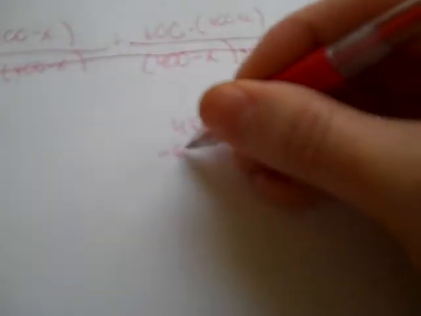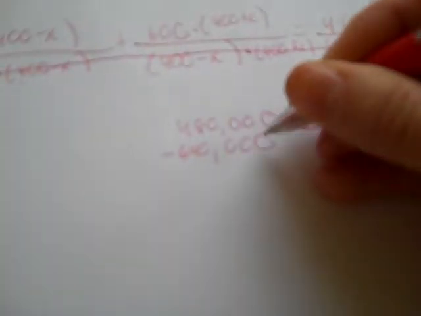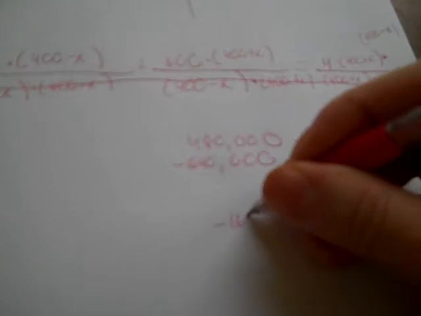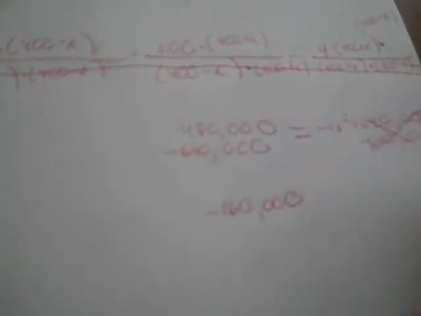So all we need to do is get the x squared by itself so we can find the square root. So I need to minus and divide before I do that. Actually, I changed my mind, I'm going to do all these on video. Negative 160,000 equals negative 4x squared.